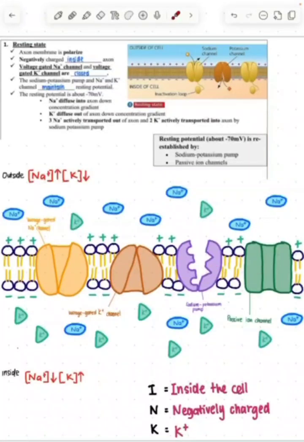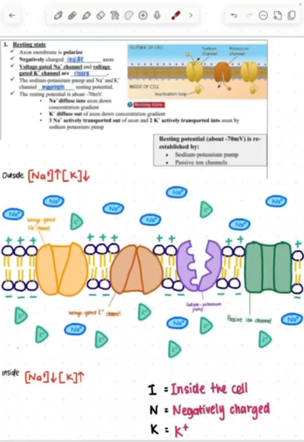The resting potential is about -70 millivolts, and because outside of the cell the concentration of sodium is higher than inside, sodium will diffuse into the axon down the concentration gradient through the sodium channel.